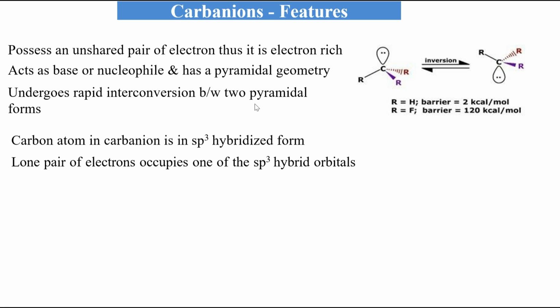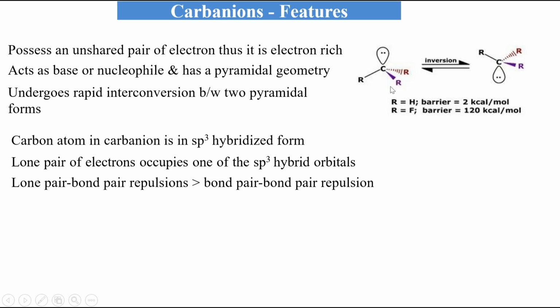It has a tetrahedral or pyramidal shape, and one of these sp3 hybrid orbitals has the lone pair of electrons. This lone pair repels the other orbitals, reducing the bond angle. This bond angle lies between 97 to 100 degrees.